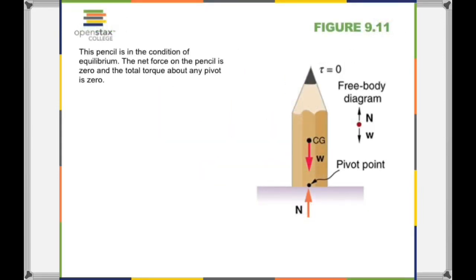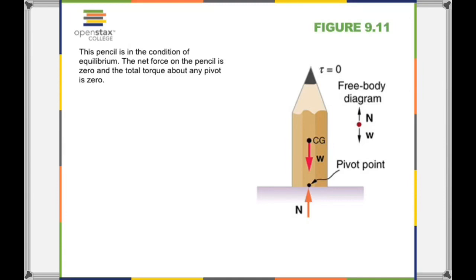The second part of this chapter focuses on stability. And as you can see, in the case of this small pencil, there are two forces acting. One is its weight acting vertically down through its center of gravity, and the other is the normal force. And the net force on this pencil is zero, as well as the torque.